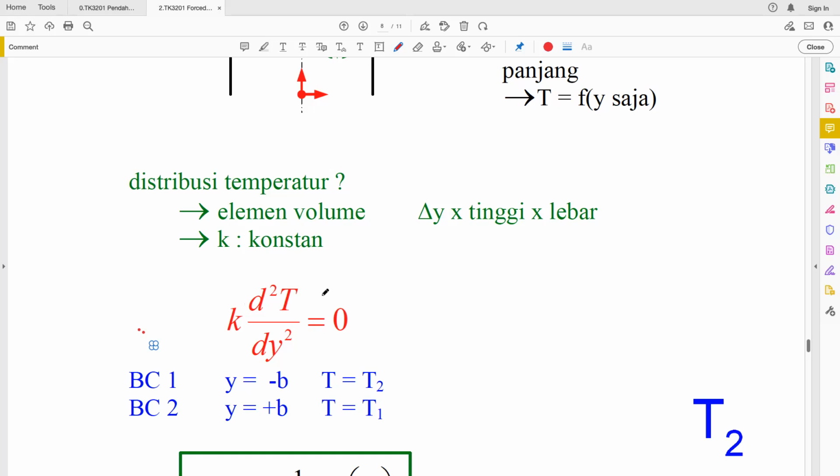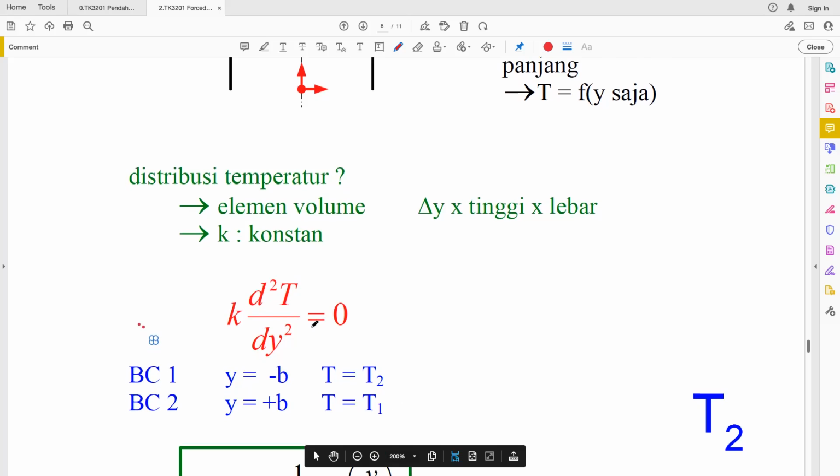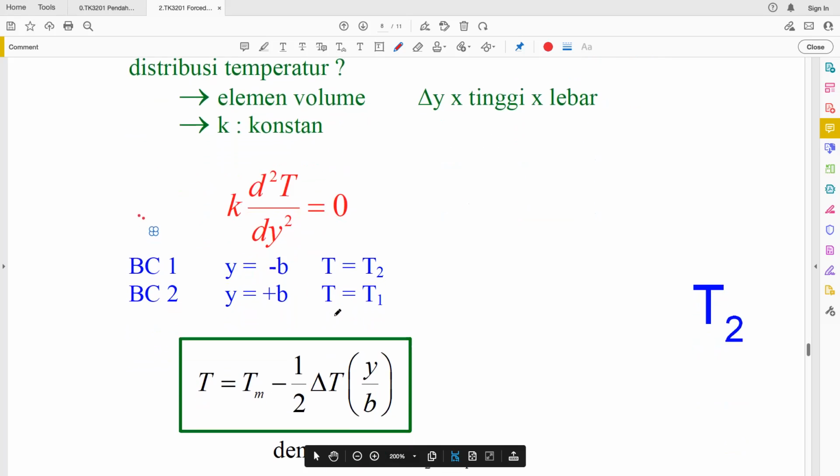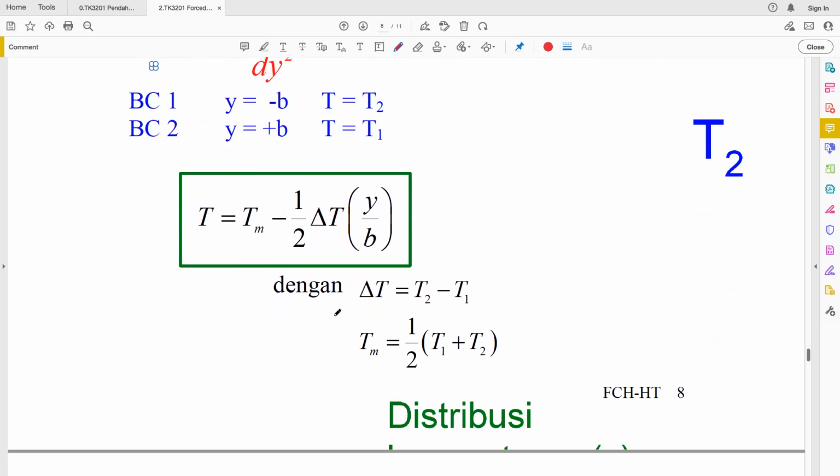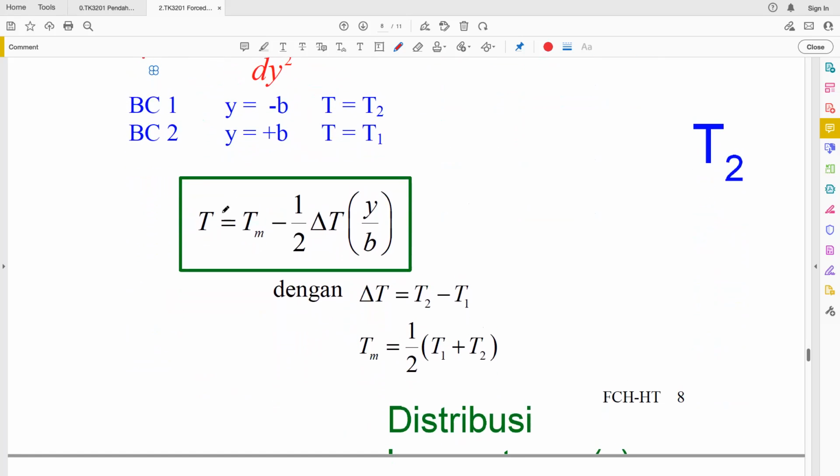Then with some boundary conditions, when y equals minus b, T has some temperature, and y equals plus b, T also has some temperature. Okay, so here you have the temperature difference, the distribution of the temperature between those parallel plates.